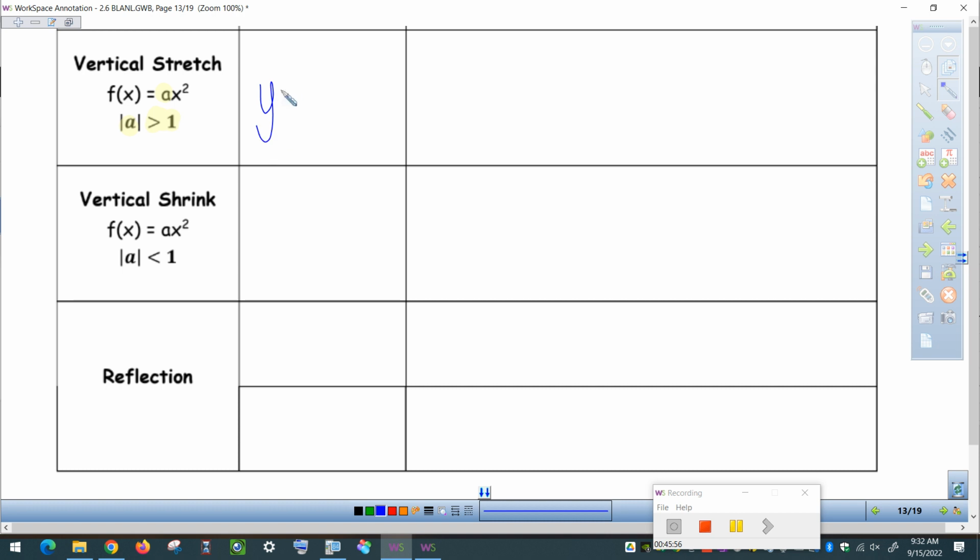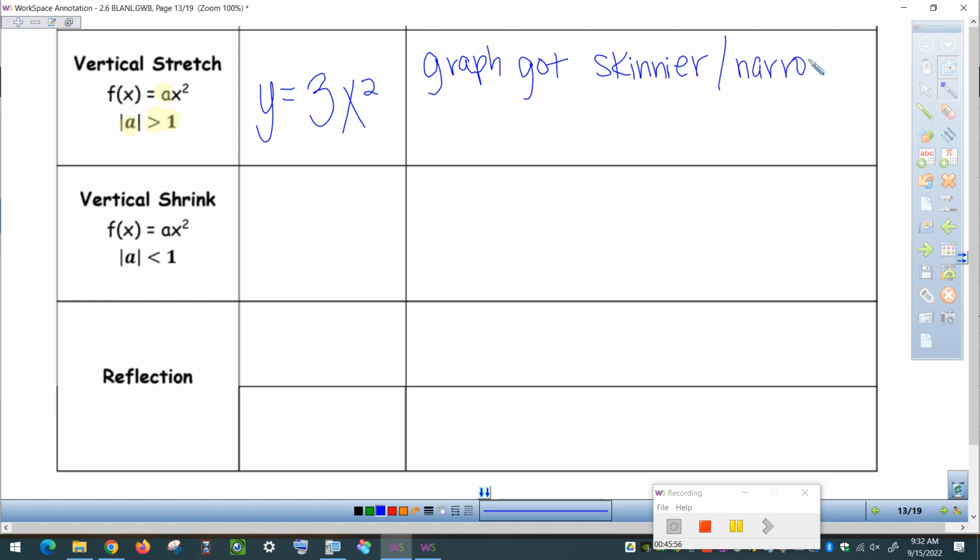It could be any parent function graph, doesn't have to be a parabola, but let's just put in an example here of doing the 3 multiplied in front of the x squared. And what we noticed about the graph is that the graph got skinnier or narrower.